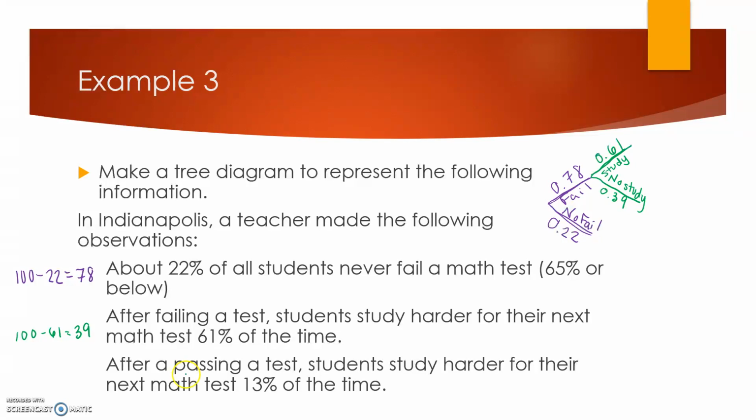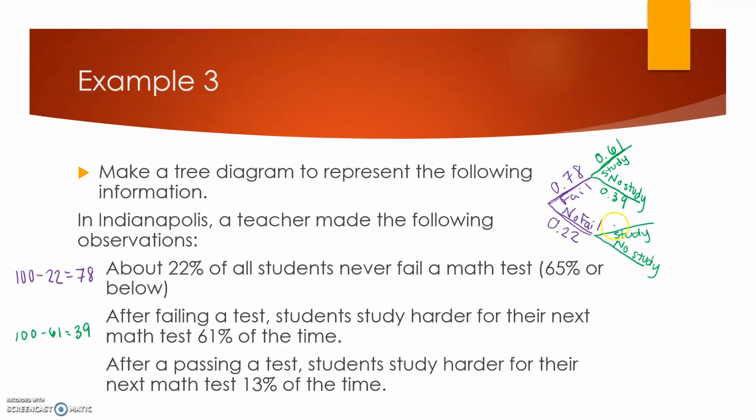And then finally, it says after passing a test or not failing a test, students study harder for their next math test 13% of the time. So they say, I passed, I don't need to study harder. So our number there is going to be much different. So study, no study. And it is important to label these. You can't just put numbers on there, the 0.22 and 0.78, and expect people to know what you're talking about.